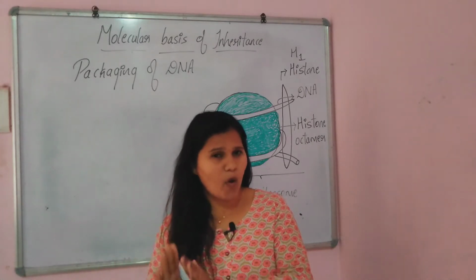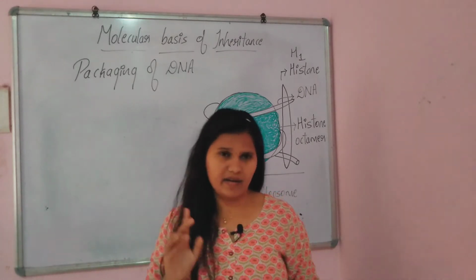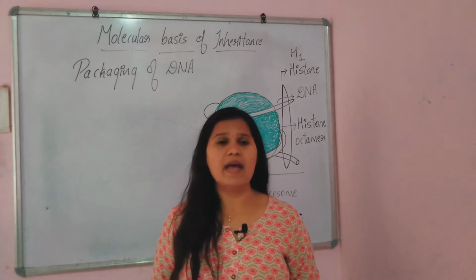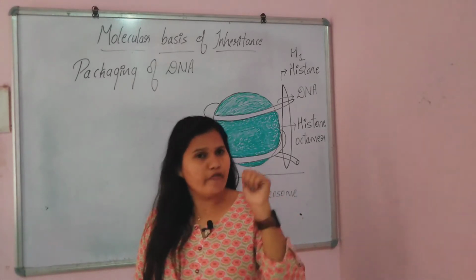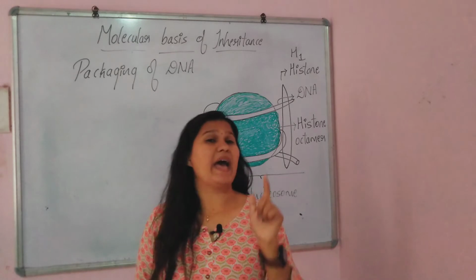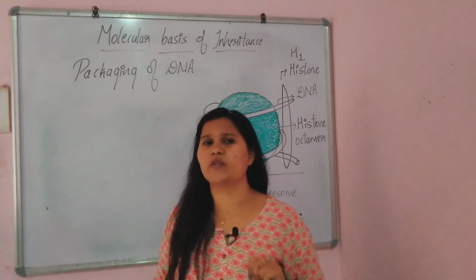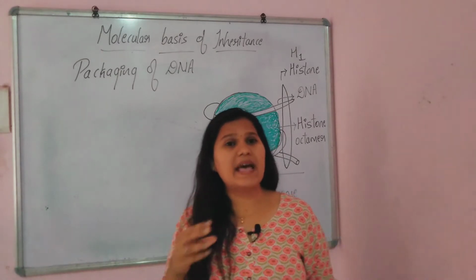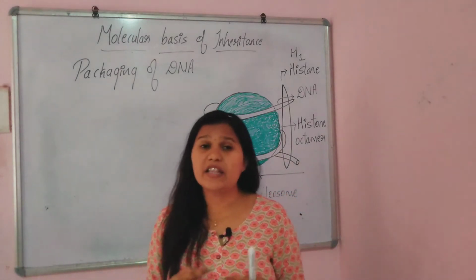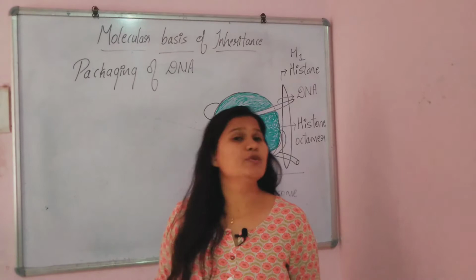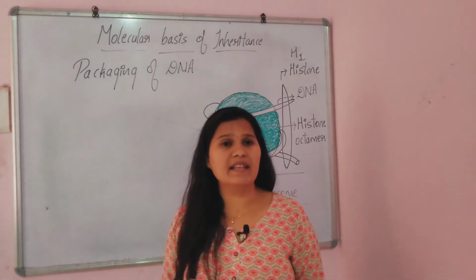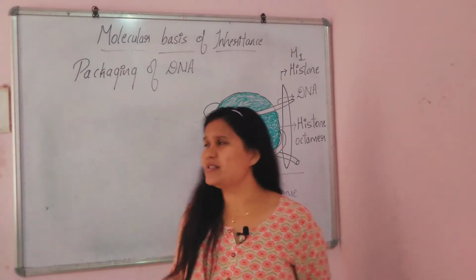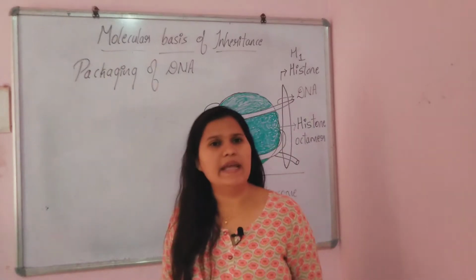Before starting, let me tell you that DNA is a polynucleotide, and it consists of phosphate group, pentose sugar and nitrogen bases, right? As this DNA contains the phosphate group, the DNA carries a negative charge, hence always the DNA will be negative.